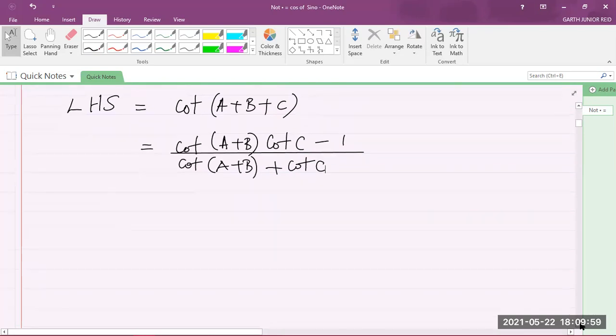Now I need to prove that this is equal to the right-hand side that is in the question.